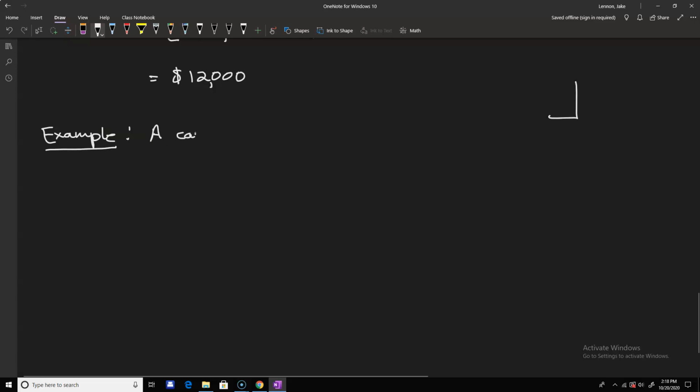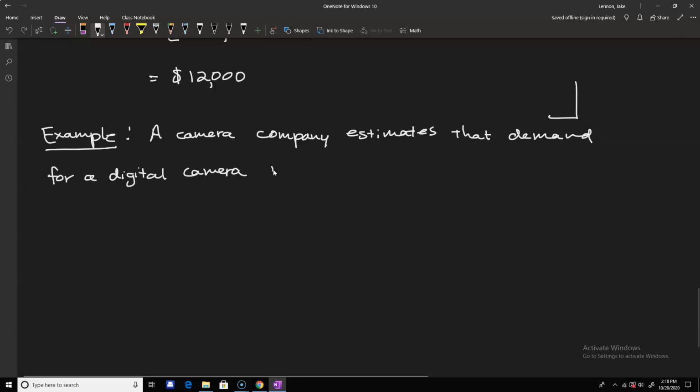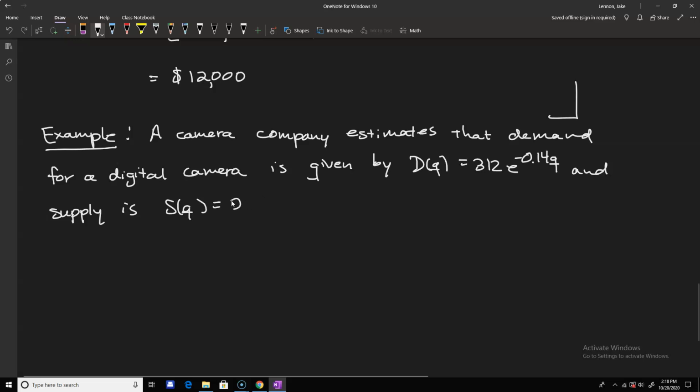A camera company estimates that demand for a digital camera is given by the demand curve D of Q equals 312 times e to the negative 0.14 Q, and the supply curve S of Q equals 26 e to the 0.2 Q, where Q is in thousands.